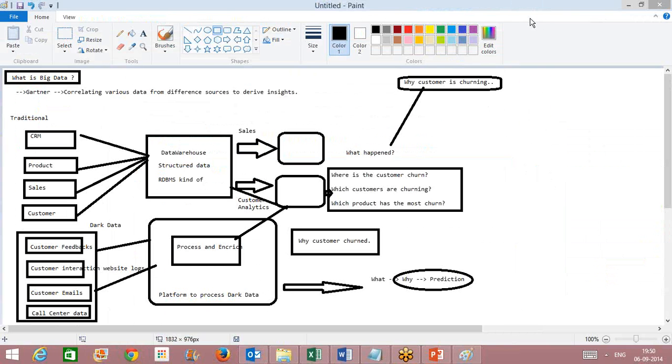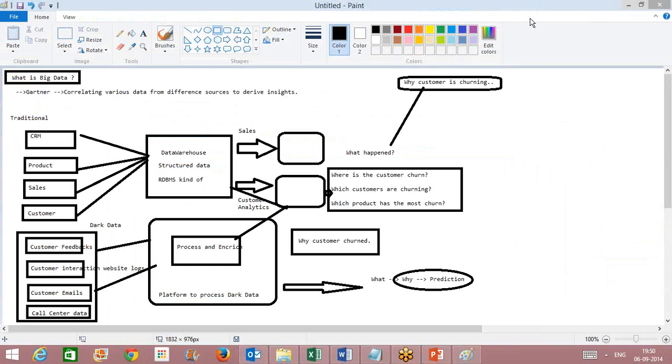This is just one small aspect of where, just using the dark data, we are able to predict when a customer is going to churn, or we can also find out why a certain customer has churned.